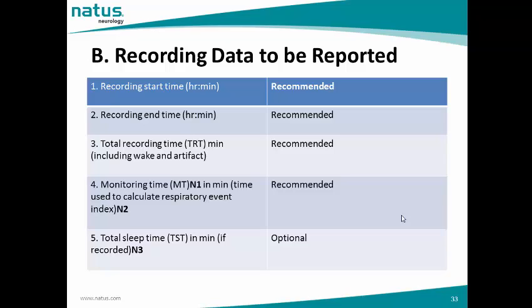This table shows the data that should be recorded. This table shows the recommendations for the recorded data that should be reported.